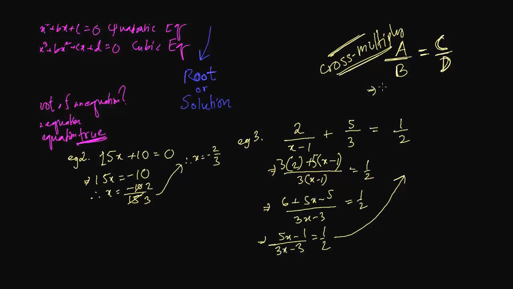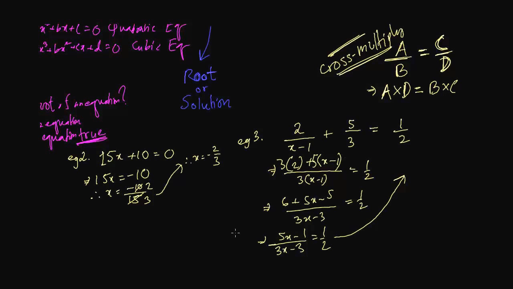So when you have a by b equals c by d, you can write a into d, and you do b into c. If there is anything added or subtracted here, you cannot cross multiply. This is very, very important. Usually, when you're doing this fraction algebra in a linear equation, you have to cross multiply.